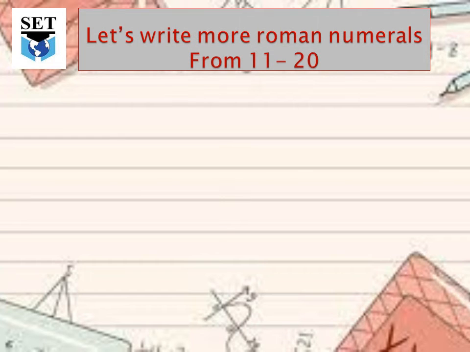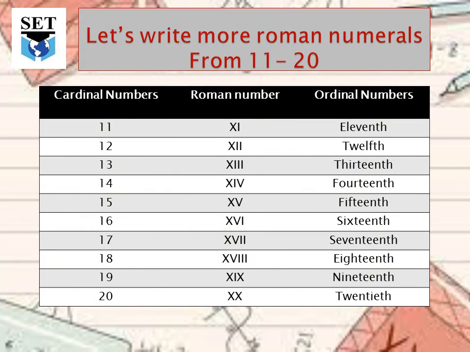Okay, let's write more Roman numerals from 11 till 20. Here we describe how we get 11 in Roman. We know that if we add 1 to 10, we will get 11.